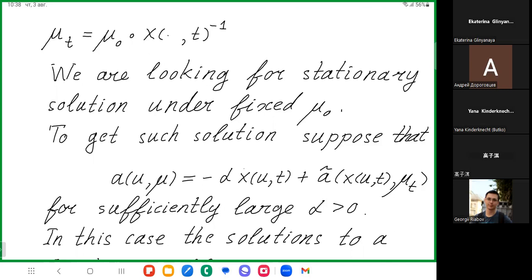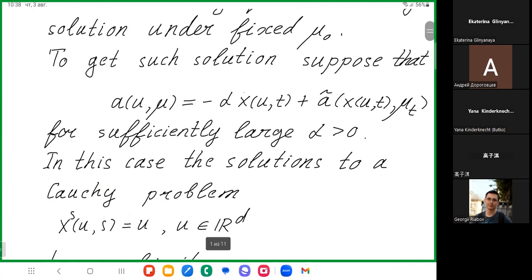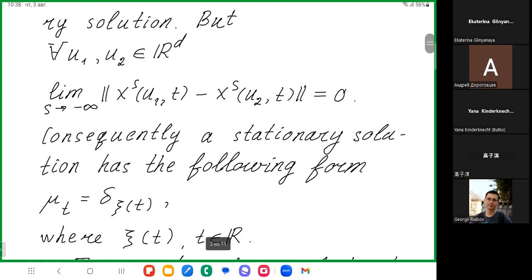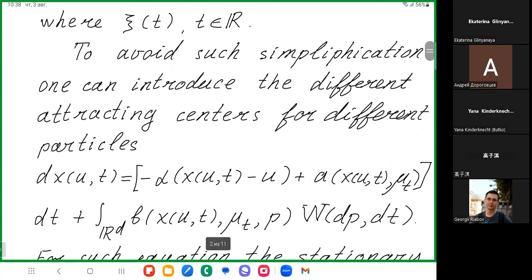Of course, we can slightly modify this idea. Suppose that we have different attracting centers for different starting points. Because here, in this coefficient, the attracting center is the origin. But one can consider a more general case, and let me propose it to you. Here is such a form of equation with interaction.